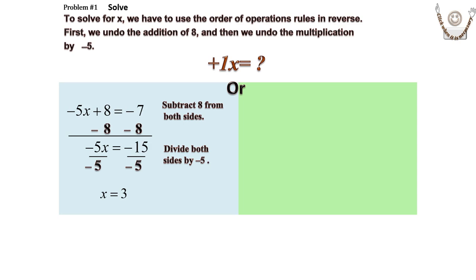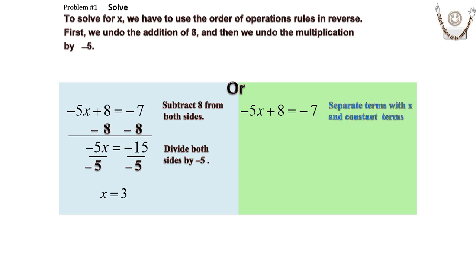But let's talk about the algebraic approach. The same equation, we have to separate terms with x and constant terms. So we're just moving positive 8 to the opposite side, and on the opposite side, positive 8 becomes negative 8. And now we have to simplify like terms, because negative 7 and negative 8 will be negative 15.